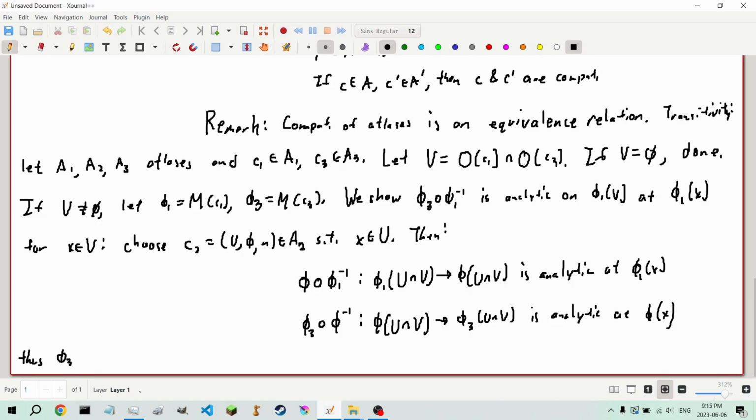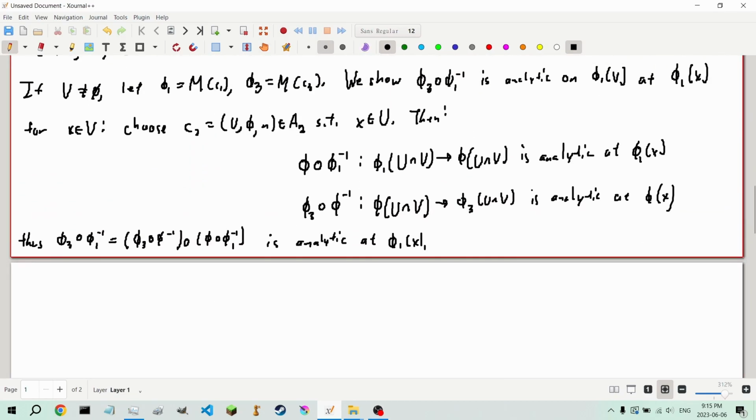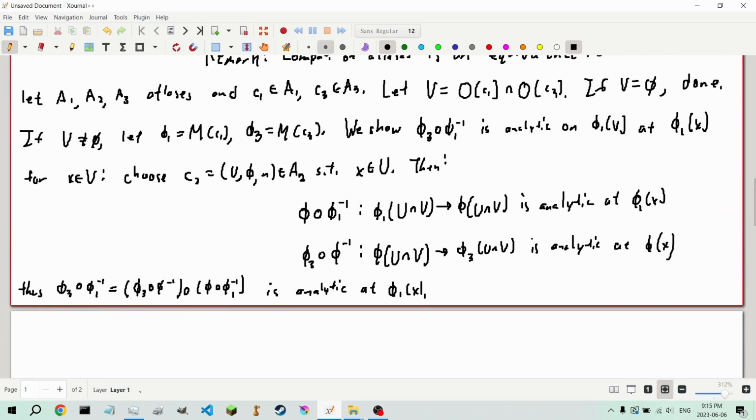And thus phi_3 composed with phi_1 inverse, decomposed through these maps in the obvious way, is analytic at phi_1(x). So that's straightforward enough. Now I guess I should define what a manifold actually is.